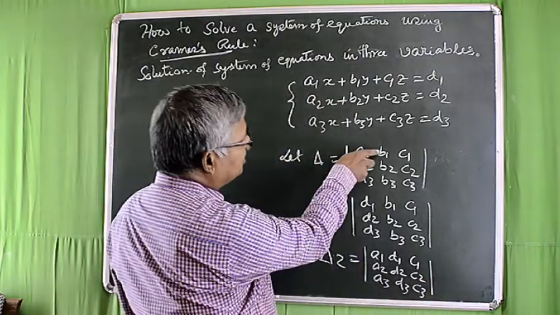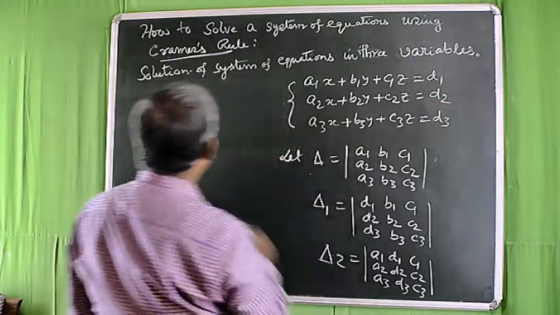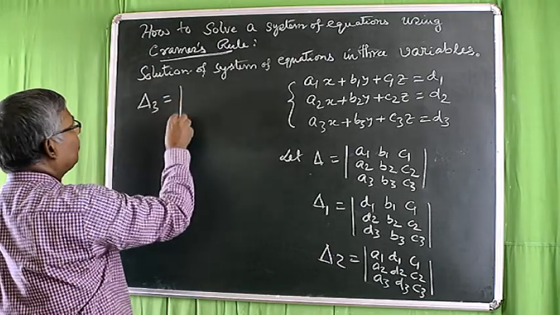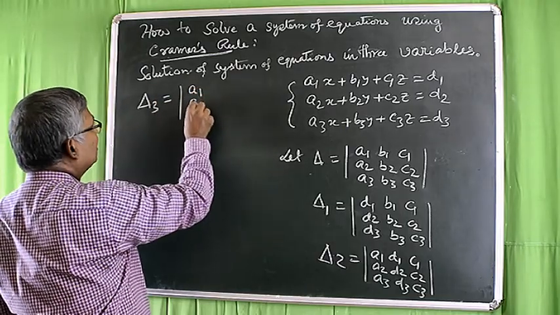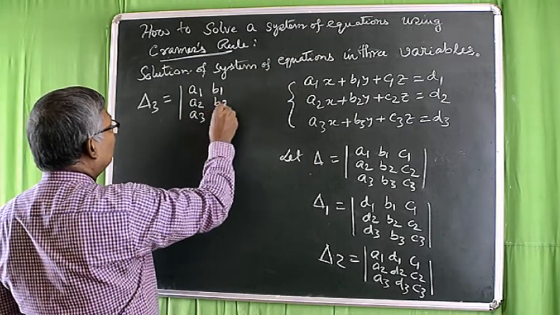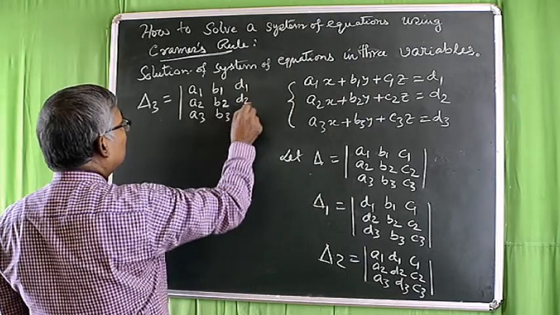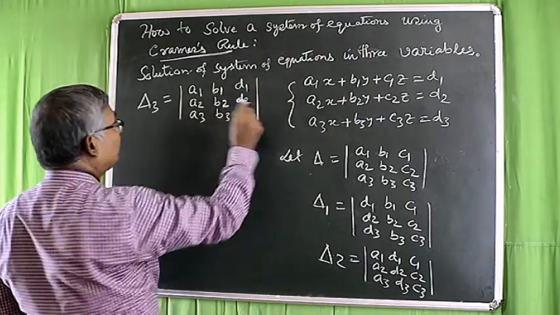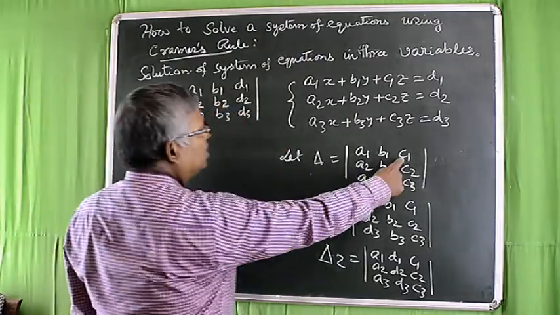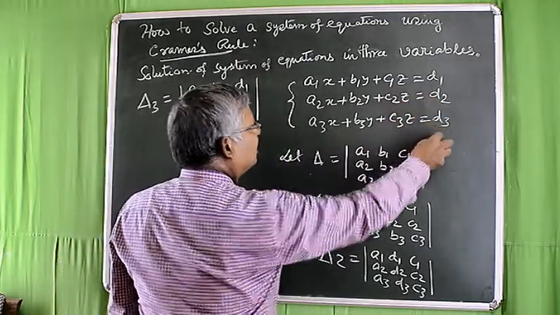Here replacing b1, b2, b3 by d1, d2, d3, and let del 3 equal to the determinant a1, a2, a3, b1, b2, b3, d1, d2, d3. Students, here also we are replacing c1, c2, c3 by d1, d2, d3 respectively.